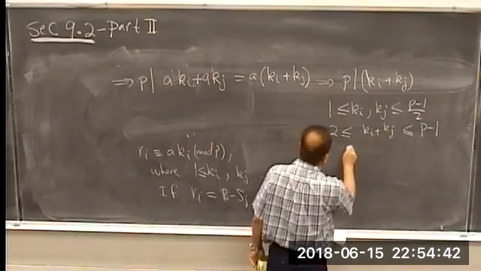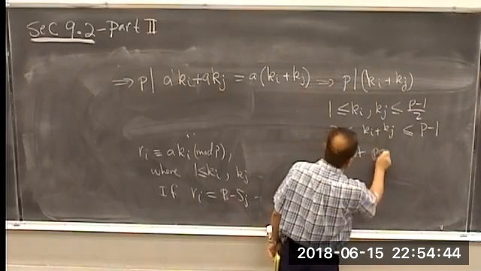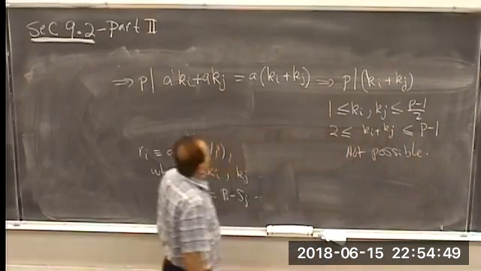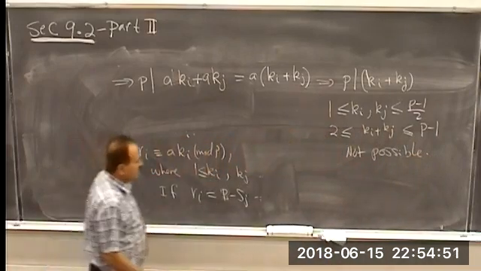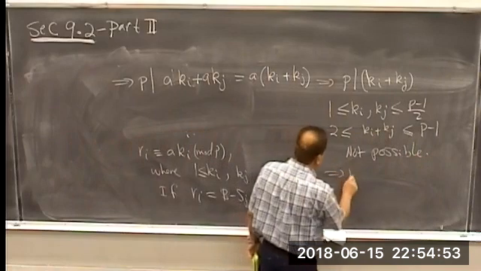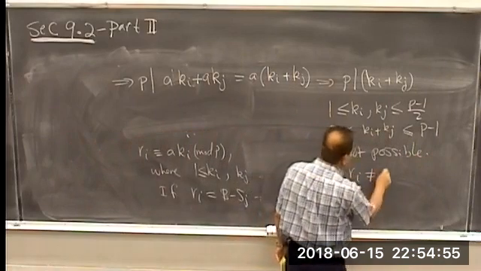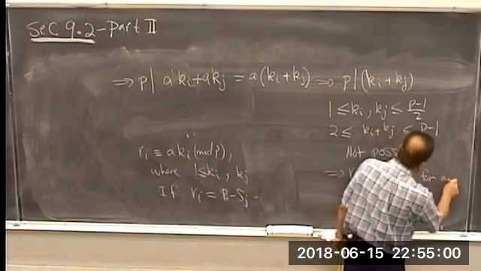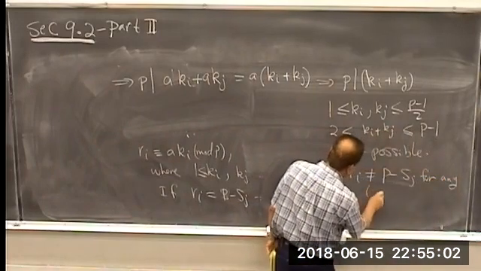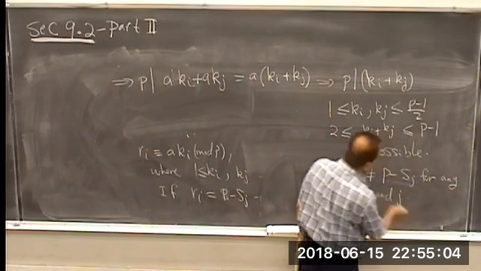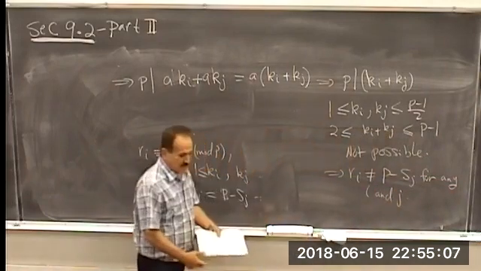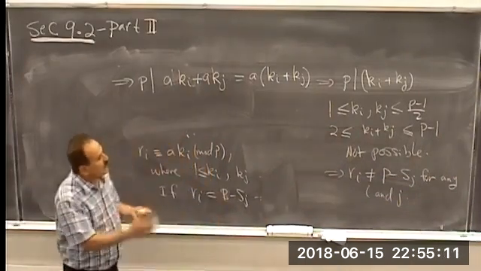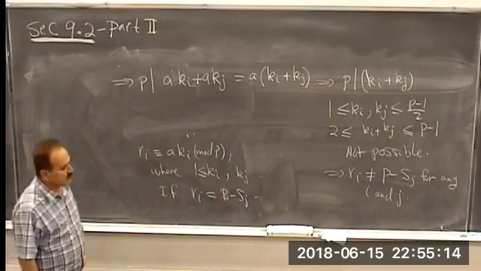This is not possible. So this implies that r sub i cannot equal p minus s sub j for any i and j. For different i's and j's, they cannot be equal to each other.